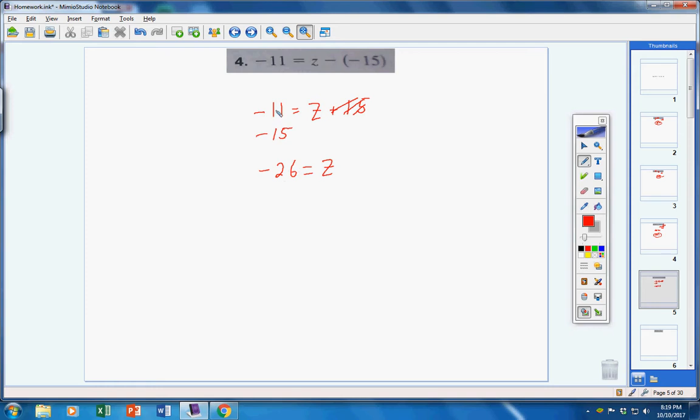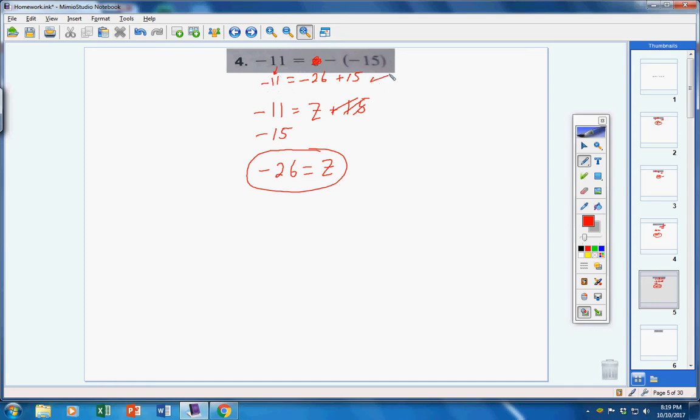Negative 11, you owe 11, you owe 15, now you owe 26. There's your answer. Right here for Z, if I put negative 26, I would have negative 26, negative 15, which really means negative 26, positive 15, which equals negative 11.